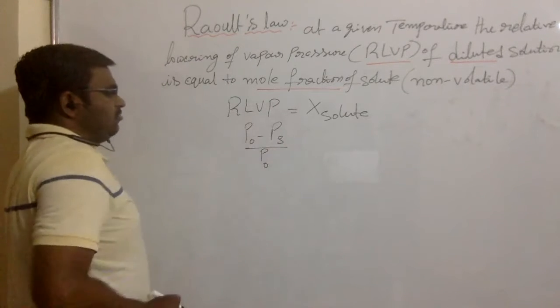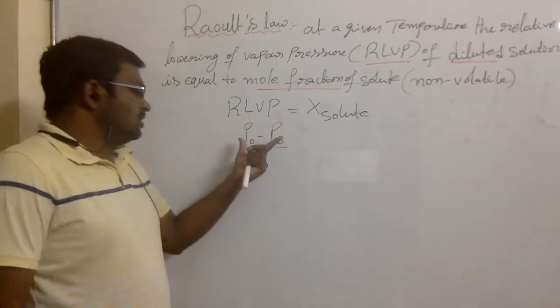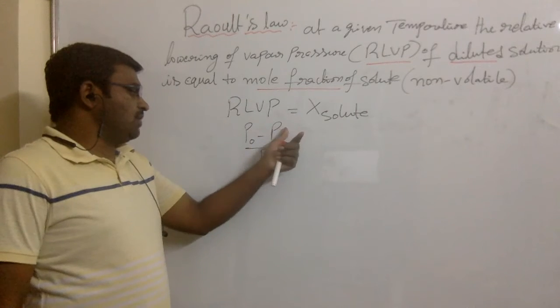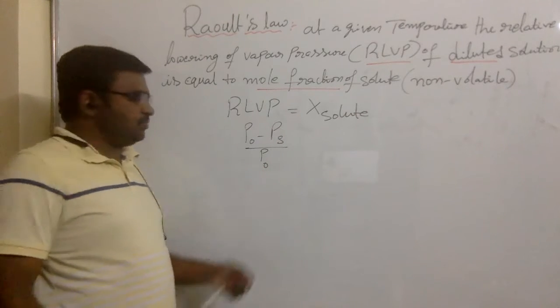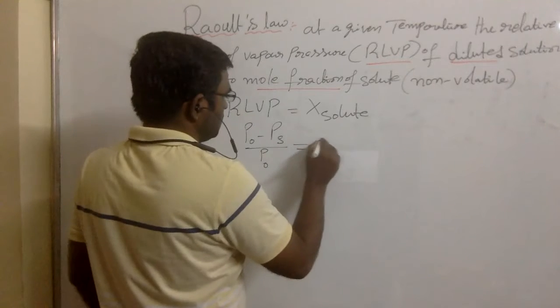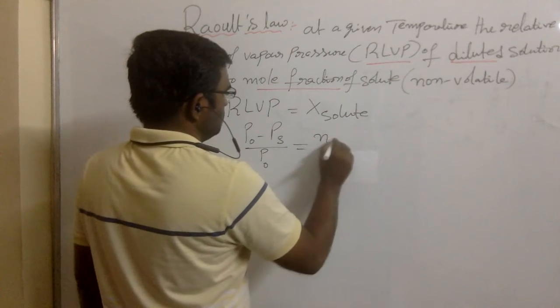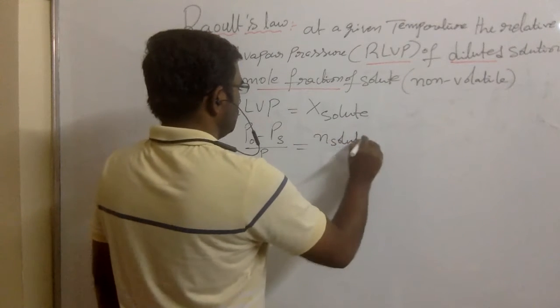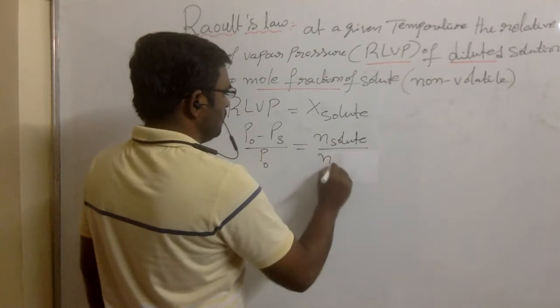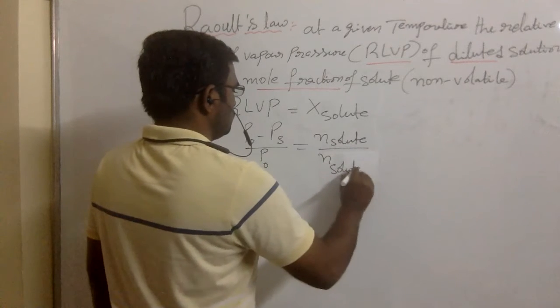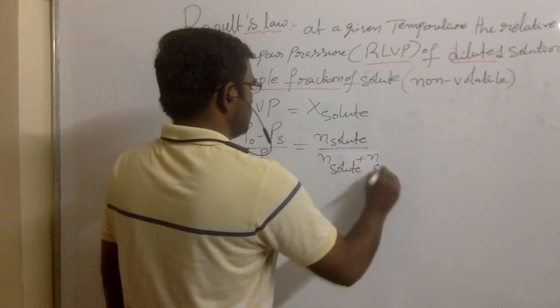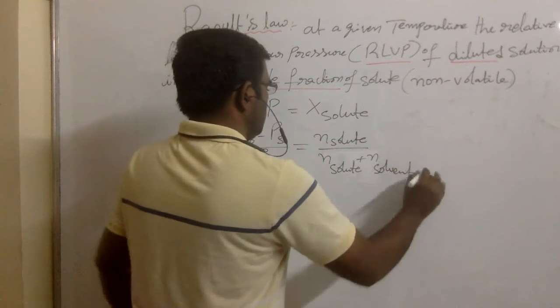Here RLVP means the ratio between the lowering of vapor pressure to the vapor pressure of pure solvent. Next, the mole fraction of solute is equal to moles of solute by moles of solute plus moles of solvent.